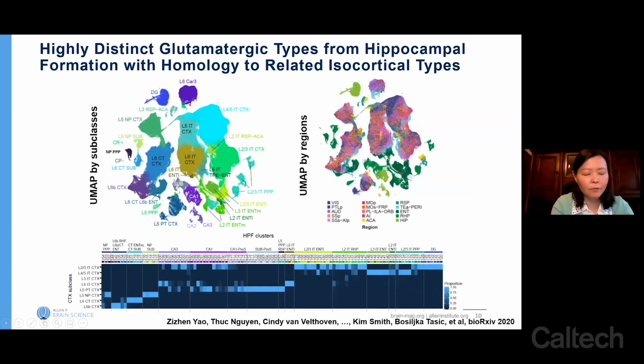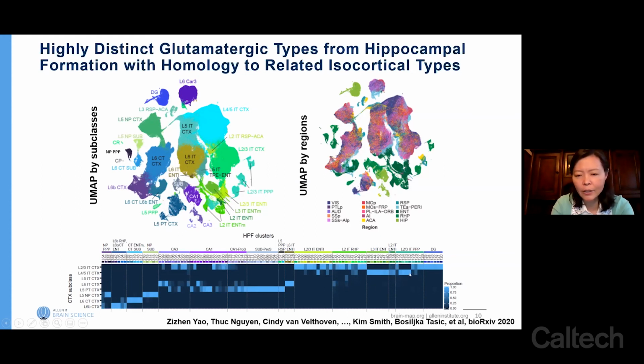To investigate this further, we performed a homology search for each hippocampal cluster to find its closest neighbor in the cortex. So basically, we identify its most closely related cortical subclasses. And amazingly, we find this high degree of correspondence between hippocampal cell types and cortical cell types.